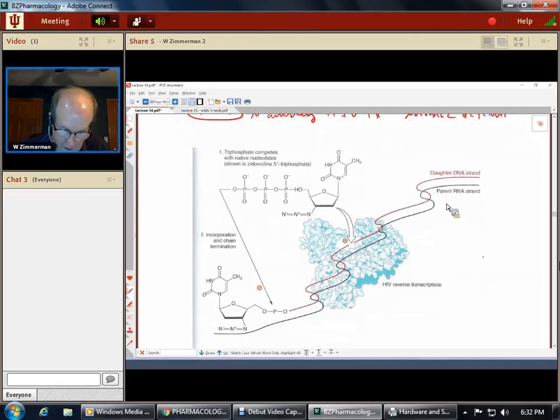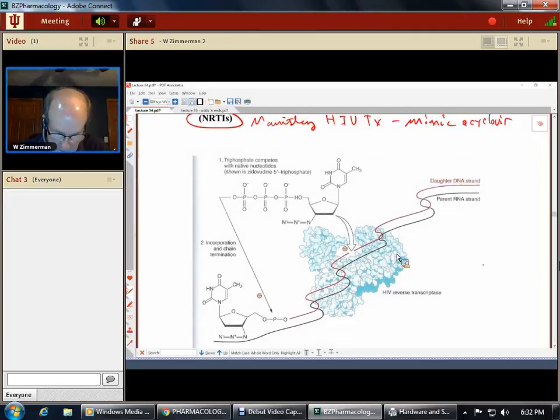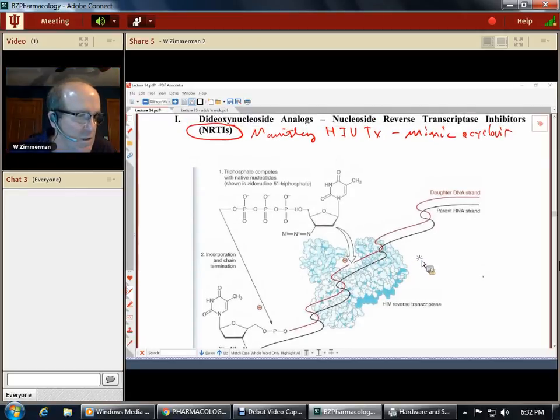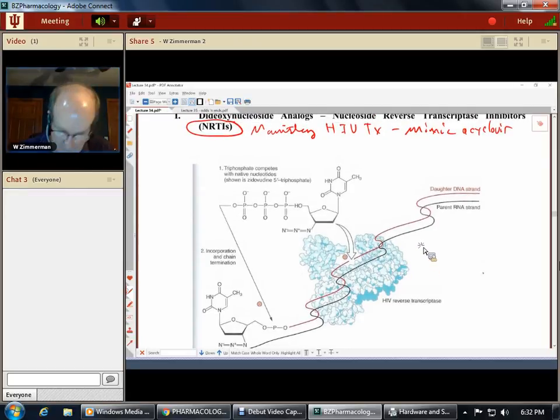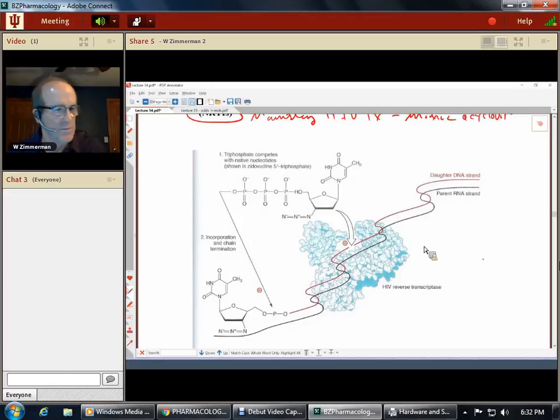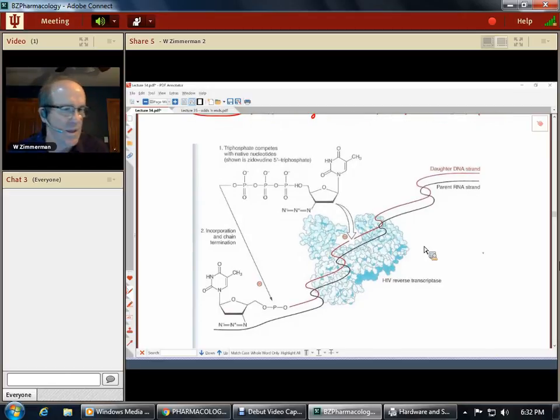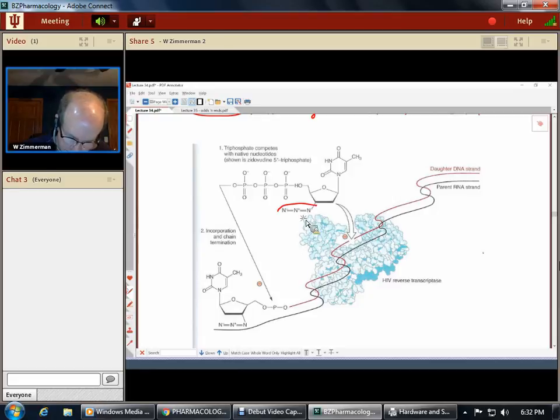For one thing, I believe that we're looking at zidovudine here, one of these nucleoside analogs. Notice there's no 3' hydroxyl group.